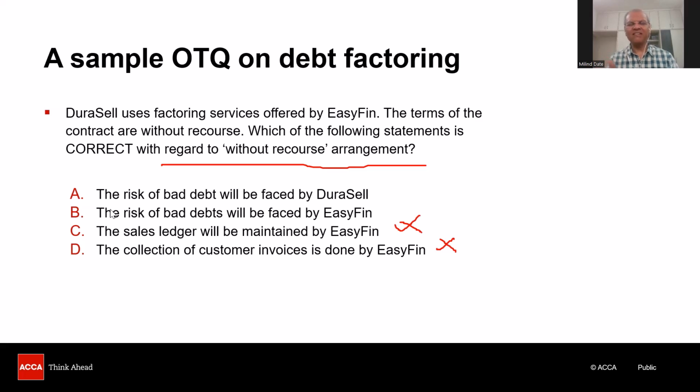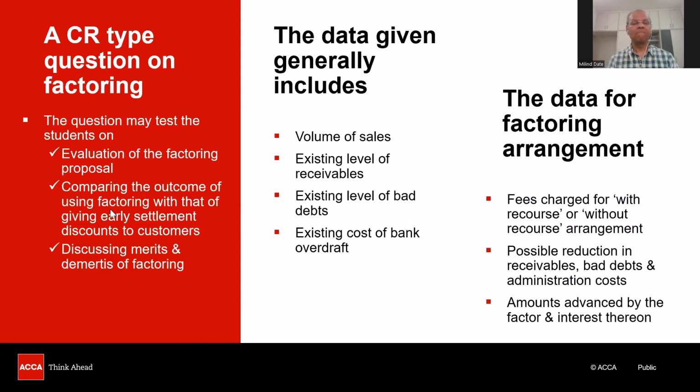Let's now look at a CR type style of questioning on this topic, of course. The question may test you on evaluation of a factoring proposal or comparing the outcome using factoring with that of early settlement discounts. So one para may be related to the company directly giving early settlement discount to customers.